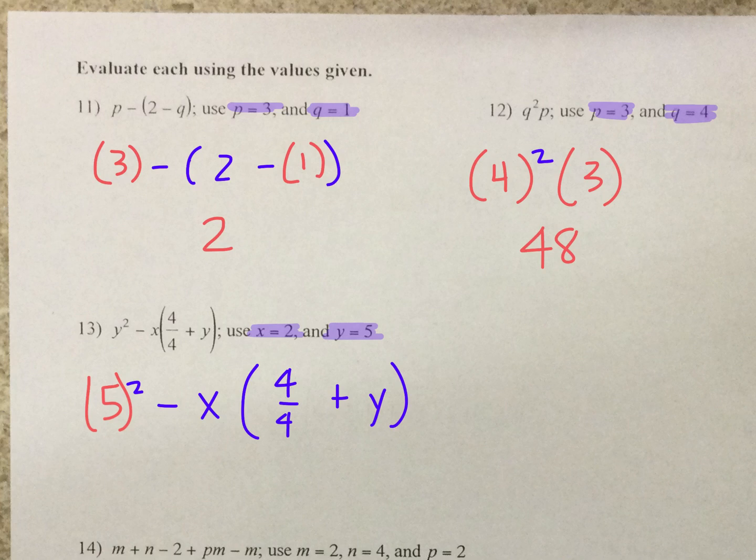Now I'm going to erase my x, and instead of the x, we fill it in with a 2. And then it'll be 4 over 4 plus y. Instead of y, I'm going to put that 5 in there. All right, if I type that in exactly how I see it, you should get the number 6.